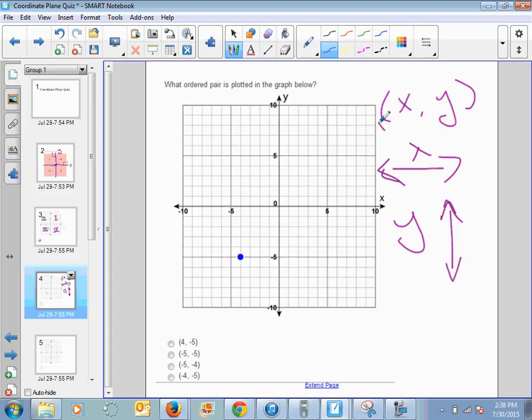So if we come from the origin and count over, you're going 1, 2, 3, 4. So you've got an x value of -4 to get to that spot, and then we'll see how many down we go. 1, 2, 3, 4, 5. So the coordinates are -4 and -5.